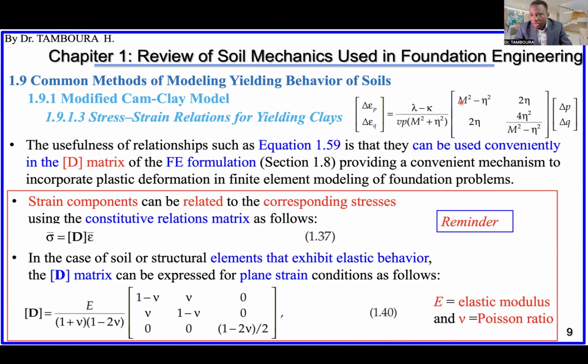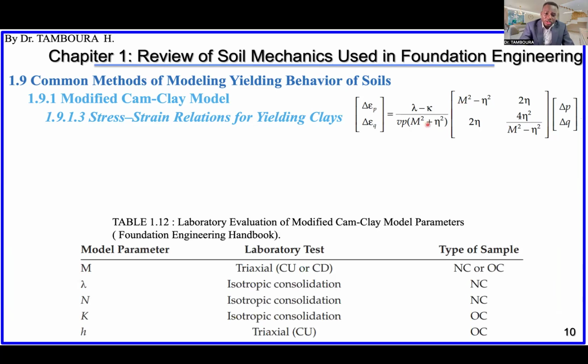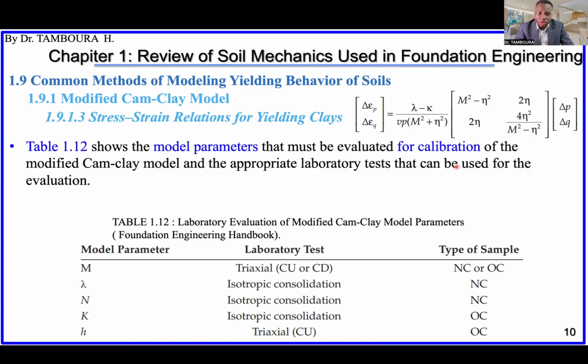For example, M: what is the value of M for your clay? We saw that M, the slope, is a soil parameter. So here is the lab test needed to determine all the soil parameters you need for calibration of your Cam-Clay model. This table 12 shows the model parameters that must be evaluated for calibration of your modified Cam-Clay model.